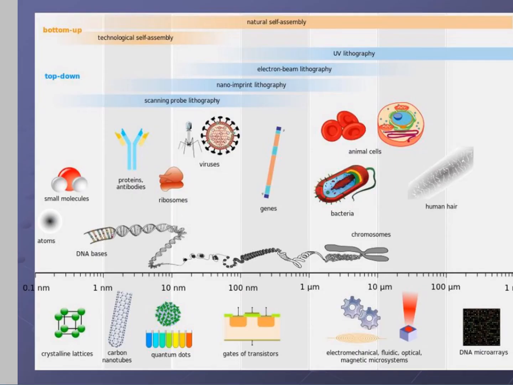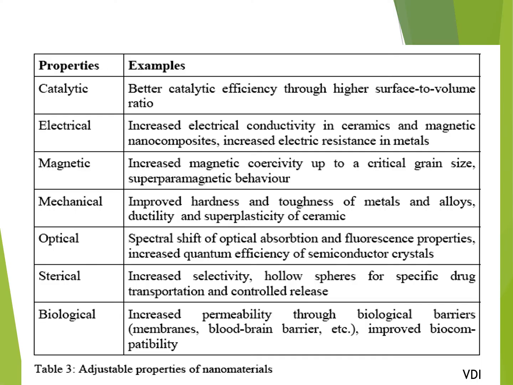Here we use two methods for nanoparticle synthesis, top down and bottom up. The bottom up approach includes natural self-assembly, technological self-assembly and UV lithography. Top down methods include electron beam lithography, nano imprint lithography and scanning probe lithography.